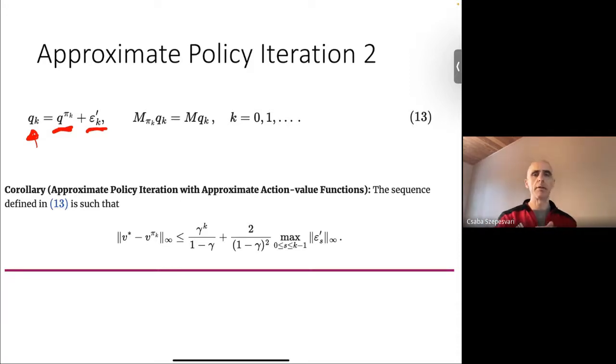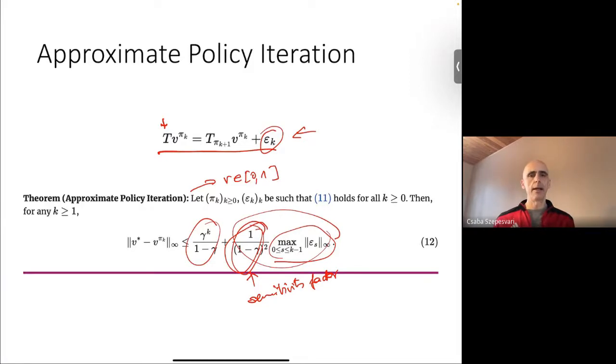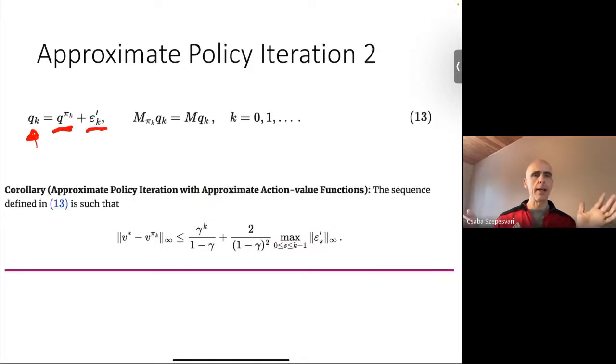From that error, you can derive some other error for this previous thing. And then you can use this result, and you will see that the price for all of this compared to the previous setting is a factor of 2. It's not a big price, and this argument is relatively clean and easy.